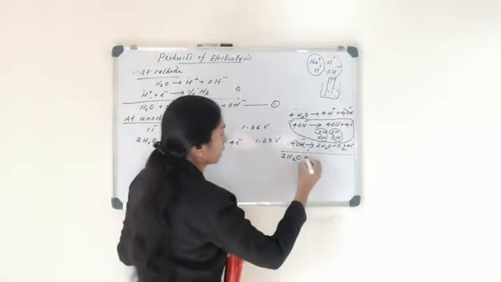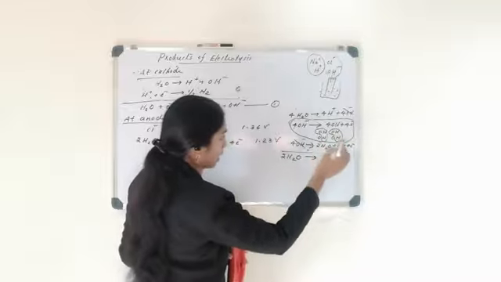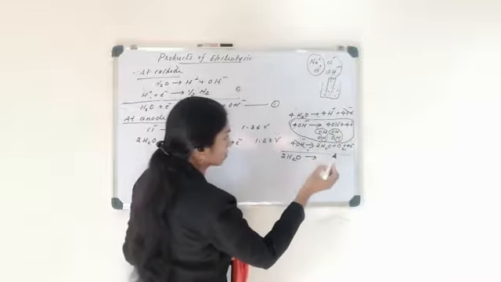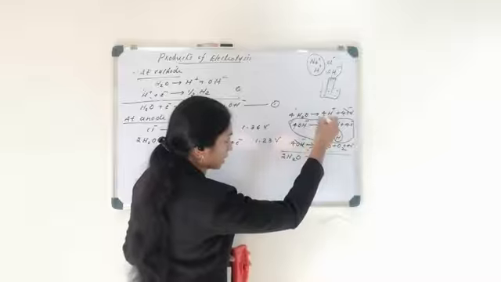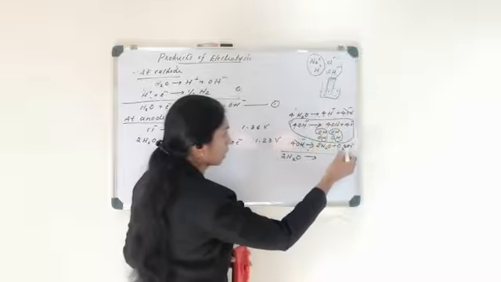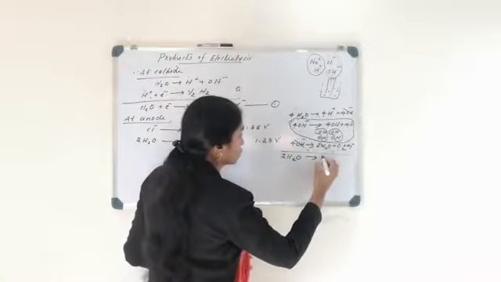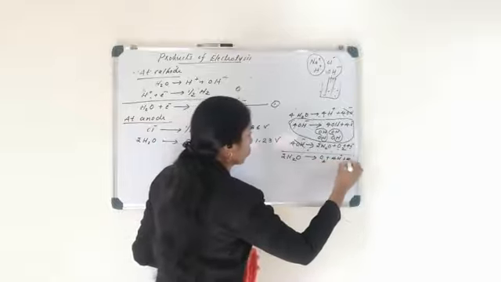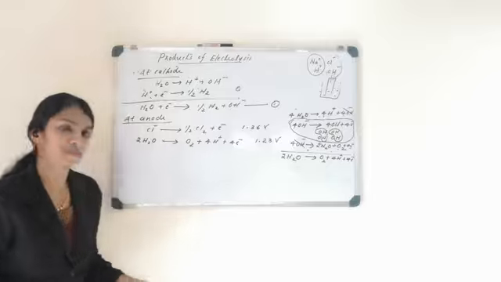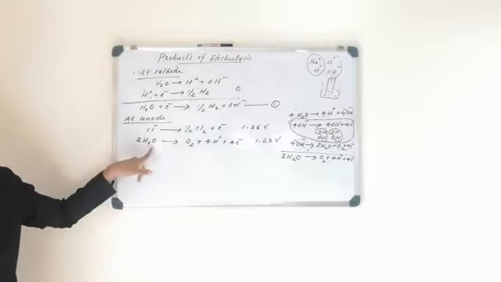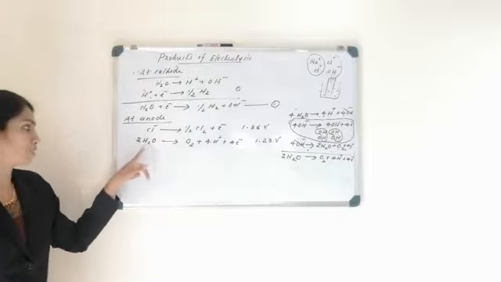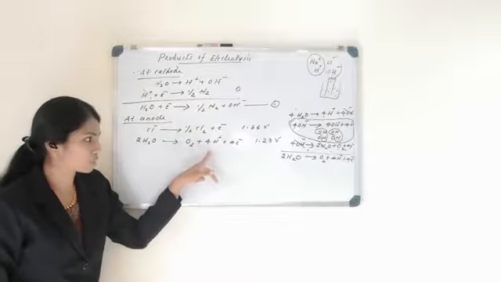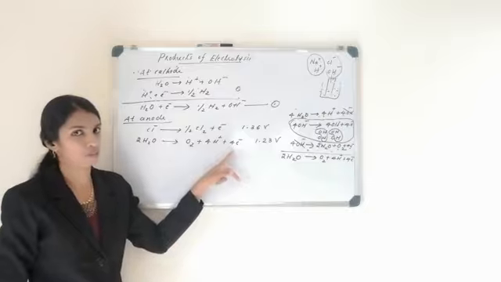So 2H2O gives, on the right hand side, 4H plus, O2, and 4 electrons. So O2 plus 4H plus 4 electron. So clear, this is our equation that occurs at the anode: 2H2O gives O2 plus 4H plus 4 electron.